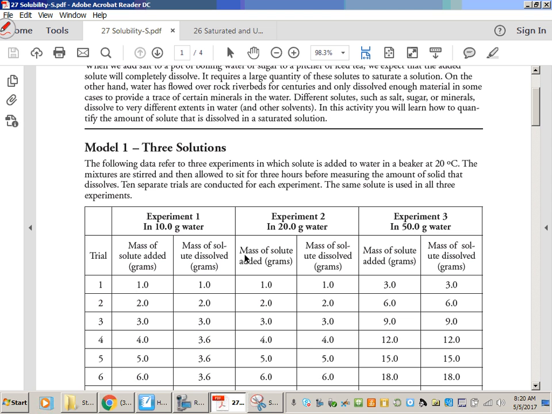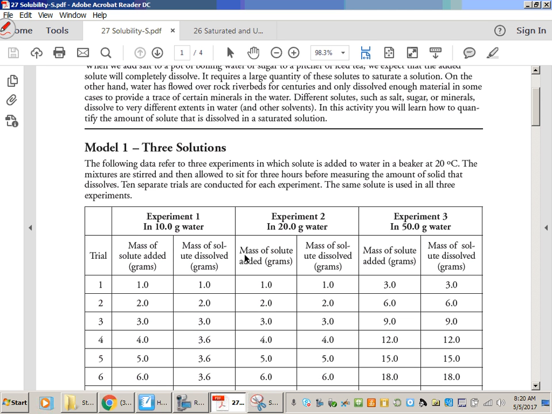So what would this be? 36. Why? Because 7.2 times 5 is 36. 7 times 5 is 35, and then 0.2 times 5 is 1, so that's 36 again, right? 36 grams per 100 grams, 36 grams per 100 grams.